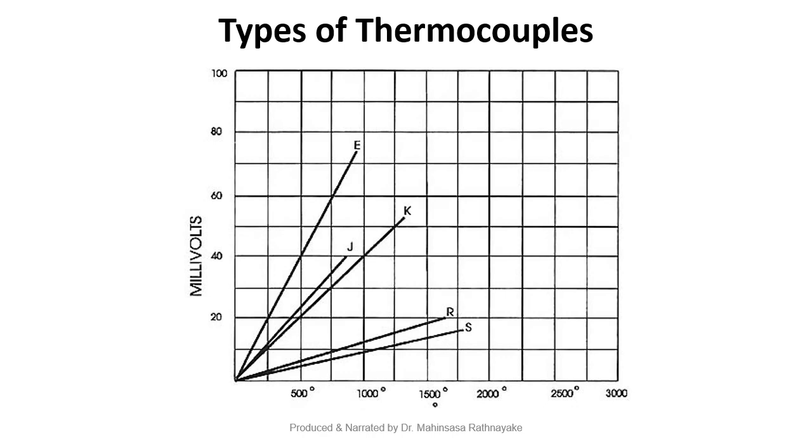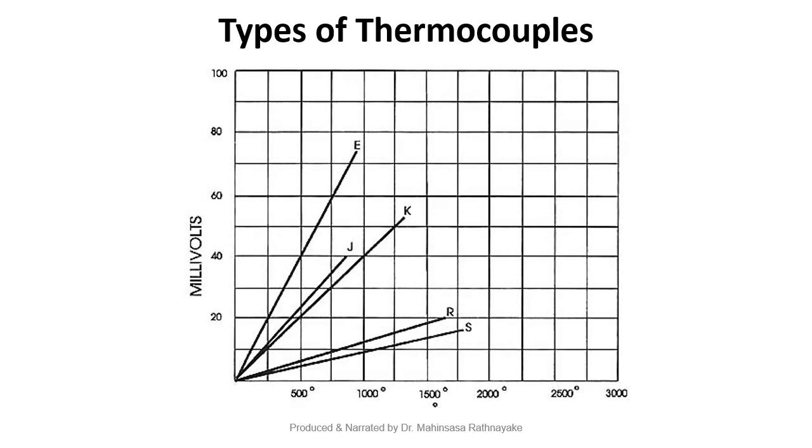In this graph, we can see how individual thermocouple materials or the metal junctions behave in the scale of temperature with respect to the electromotive force. So we can see that some thermocouple materials can be used for a wide range of temperature, while some have a narrow range of temperature.